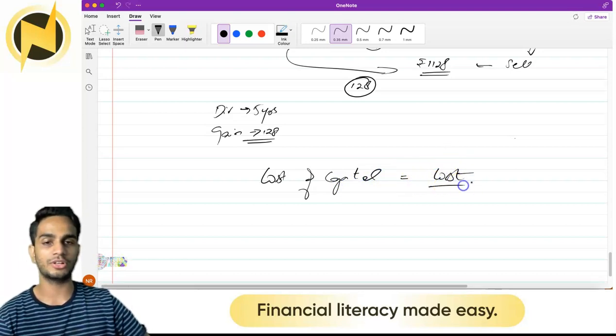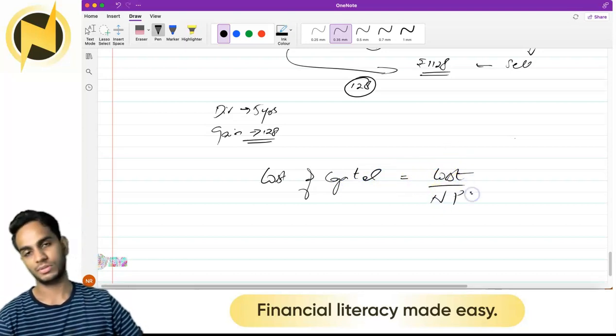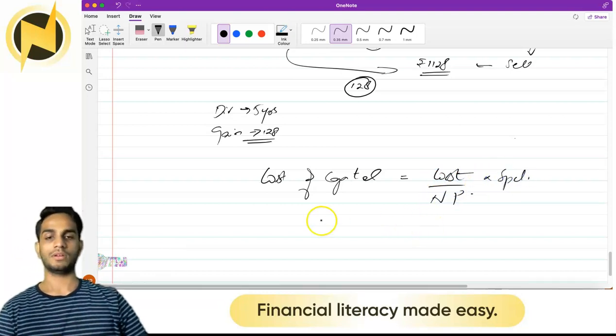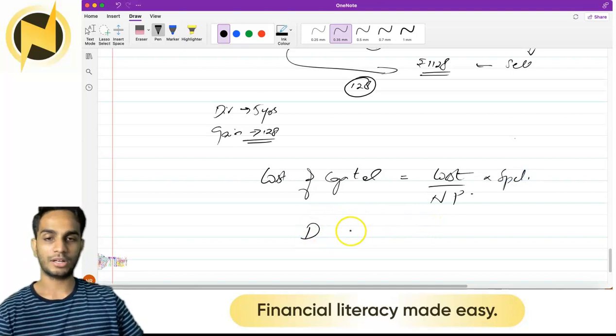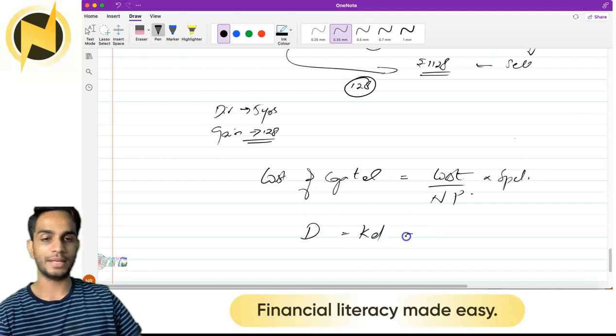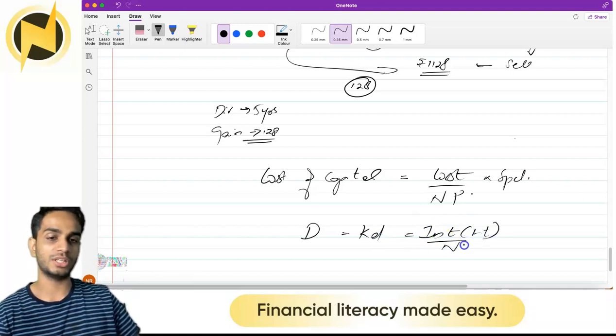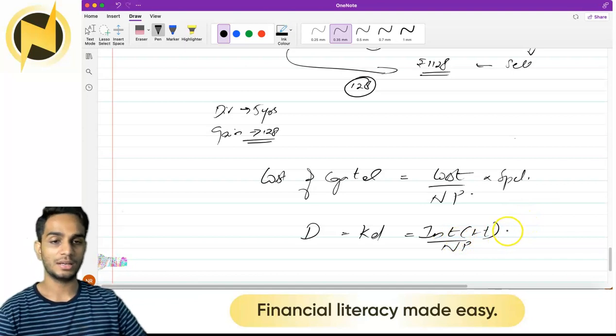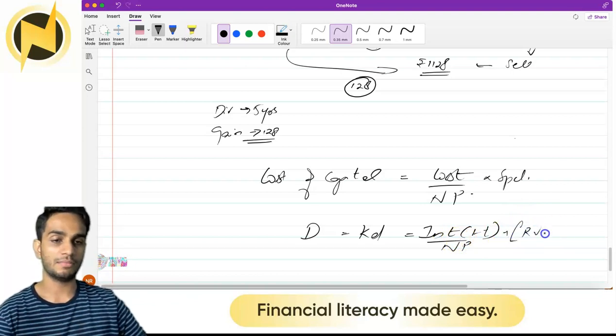Numerator will be cost, denominator will be net proceeds. At times there will be a special attachment. For debt, it will be KD, interest into 1 minus T divided by net proceeds. If there is redemption value, you will have a special attachment, that is plus RV minus NP divided by N.